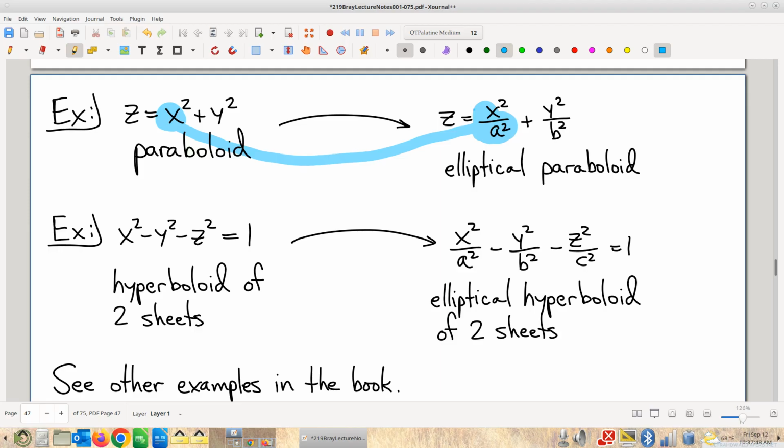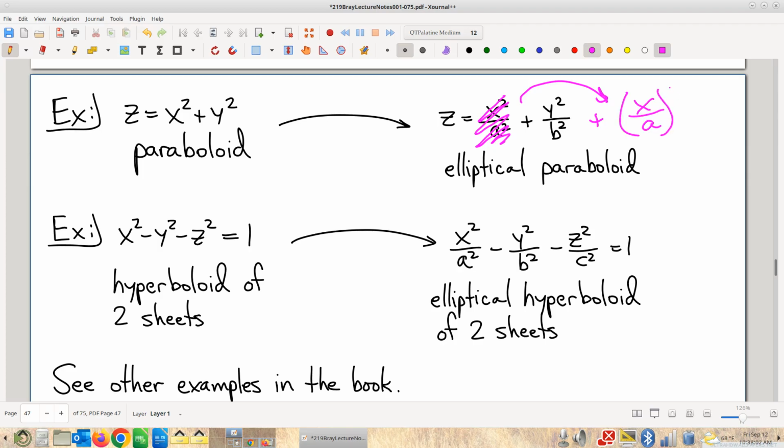So, in fact, if I wanted to think of this as a replacement, I'd really have to rewrite this term. Let me just put it over here as x over a, squared.